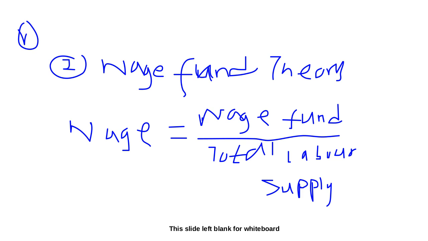So assuming we were doing a building and our contractor had set aside 1 million for labor as wage fund. This was our wage fund. So we assume that 120 people have come to the place.